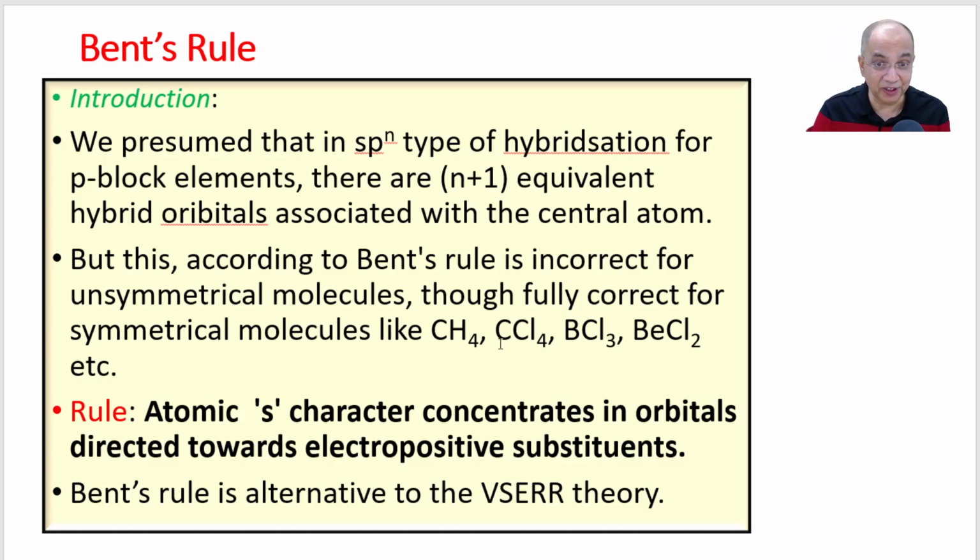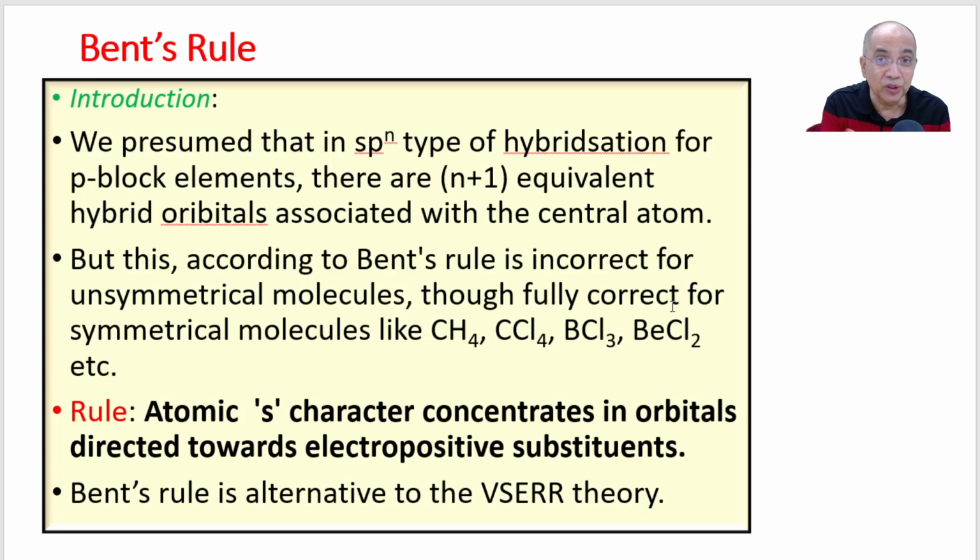But if the structure is unsymmetrical, supposing CH3F, CHCl3 or CH2Cl2, then the different hybrid orbitals, may it be 4, may it be 3, may it be 2, they are not equivalent. They have dissimilar s contribution and p contribution.